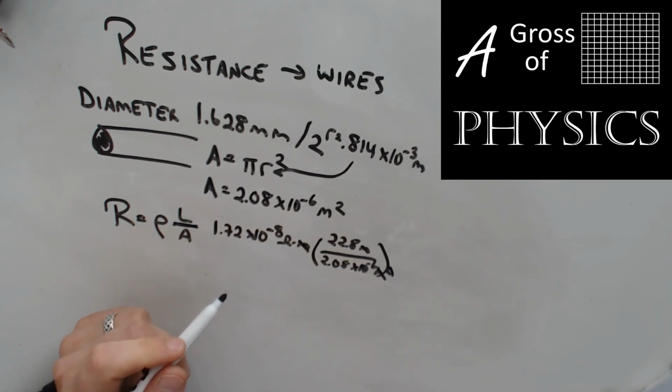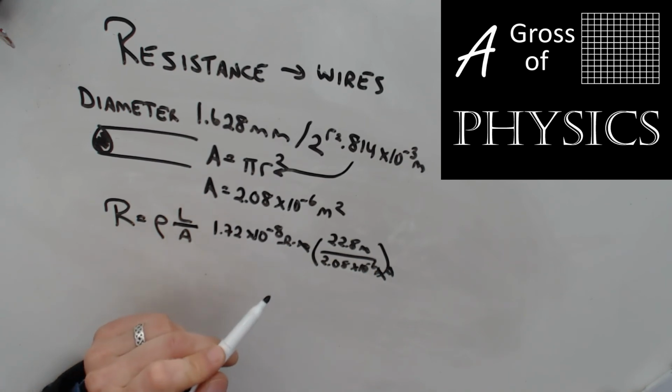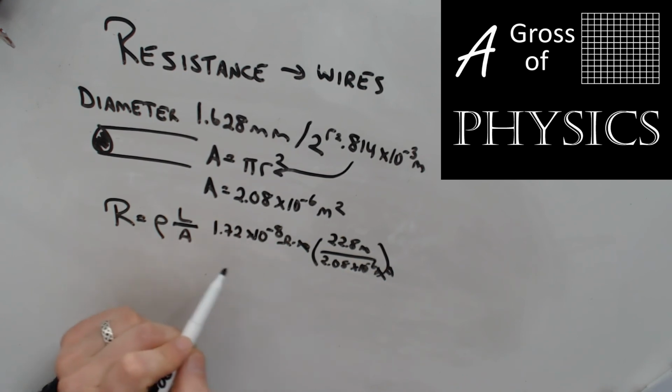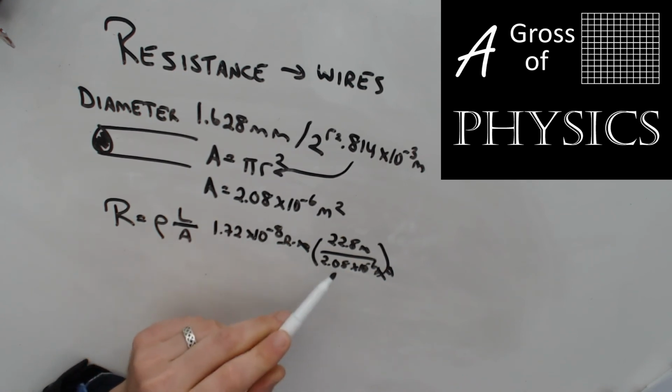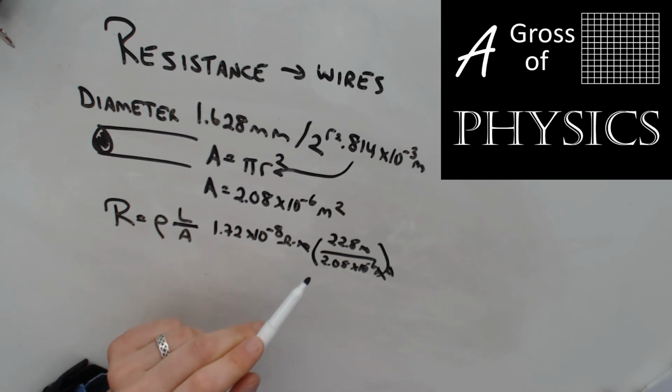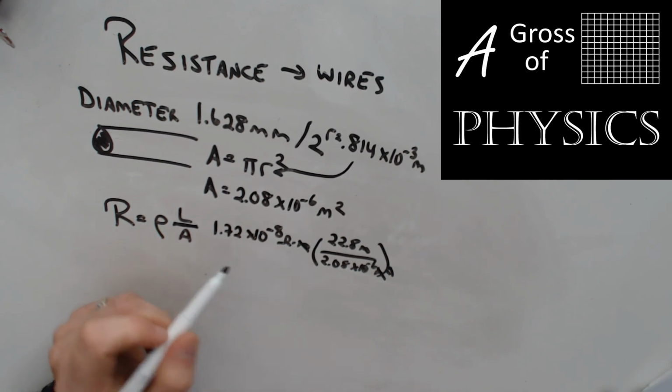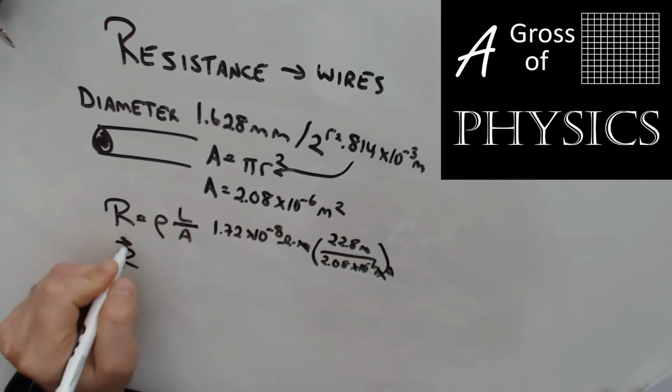So, mathematically, it's a fairly simple process at this point. The difficulty in physics is usually setting up the problem, not plugging the numbers in. So I'm doing 1.72 times 10 to the negative 8 times 22.8, and dividing that quantity by 2.08 e negative 6. And I'm getting the resistance.